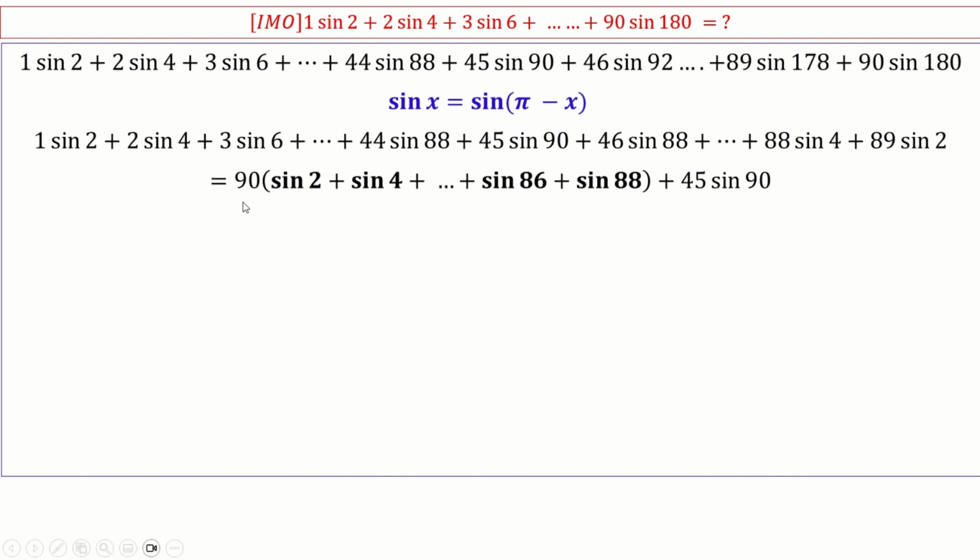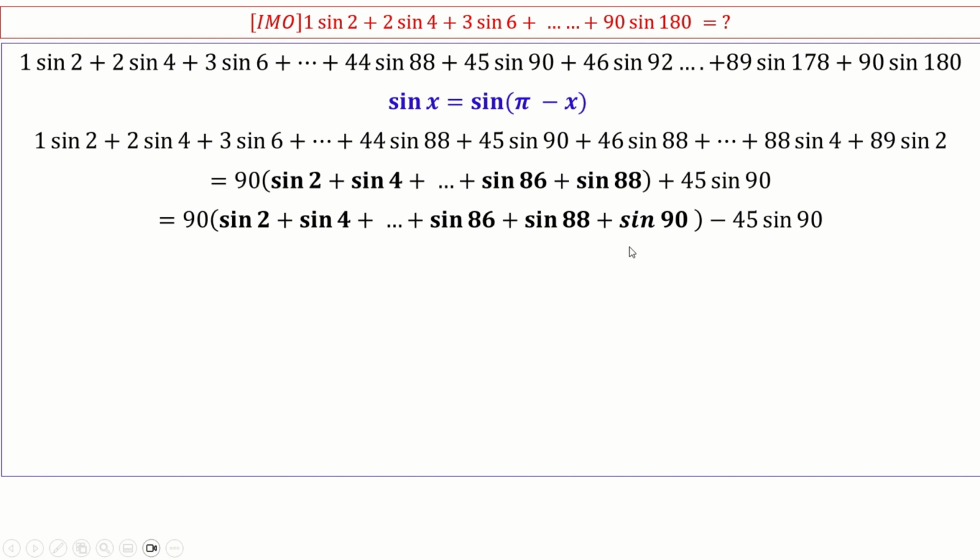I take 90 common, then I am left with sin 2 plus sin 4 plus and so on up to sin 88, plus 45. Now I reduced my main equation, which went up to 180 degrees, to 90 degrees. 88 degrees only I kept now.